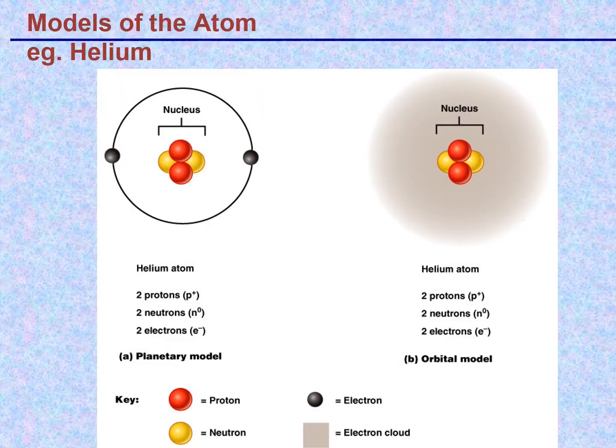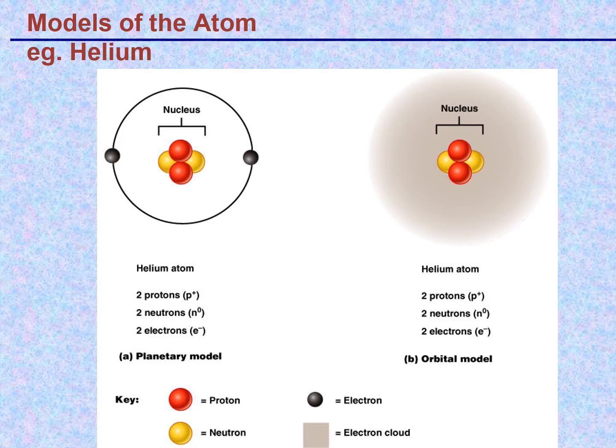So here you see the nucleus. This is helium, having 2 protons and 2 neutrons. It's a small molecule. It's inert because the 2 protons cancel out the charge of the 2 electrons, so it has no net charge.